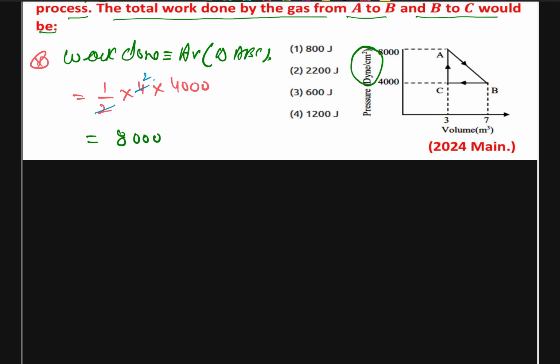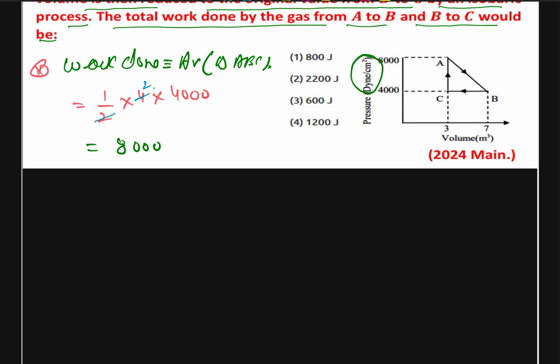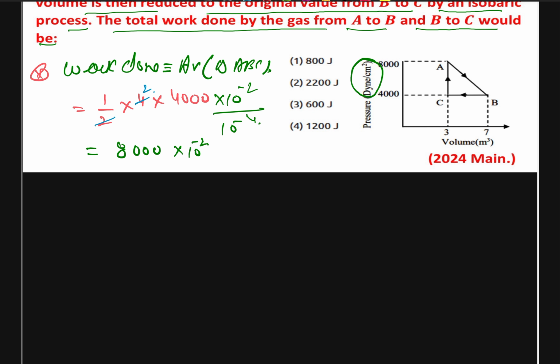We have 2 units here. Yes, got it. So this will be 10 raised to power minus 2, and this comes as 10 raised to power minus 4. Let me do it properly.